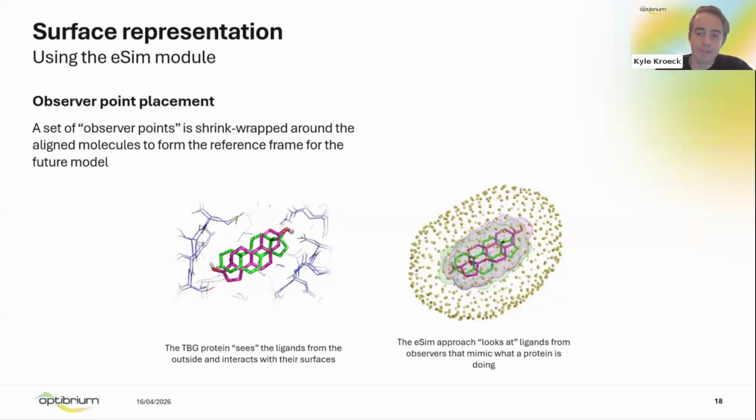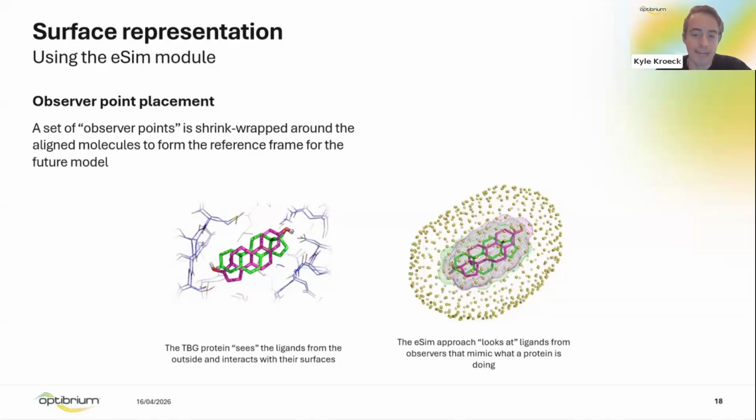These observer points serve as the fixed global reference frame for the entire model induction process. Because every molecule in the dataset is evaluated against the same set of spatial coordinates, the model can perform a true apples to apples comparison between structurally diverse leads.